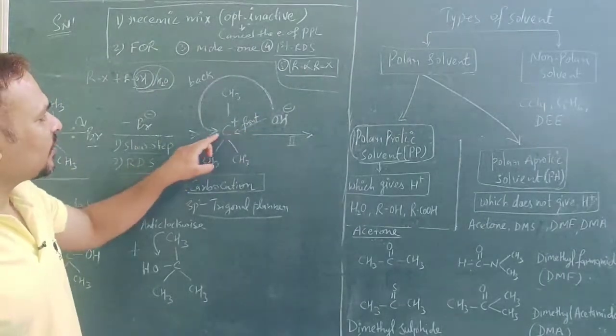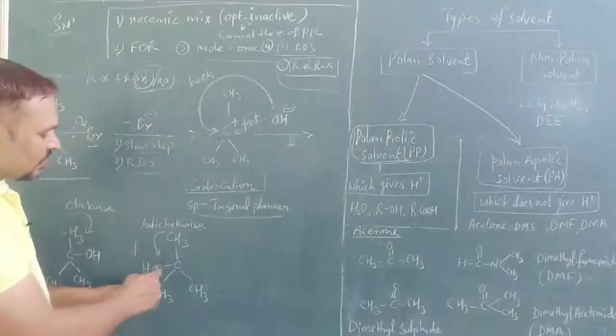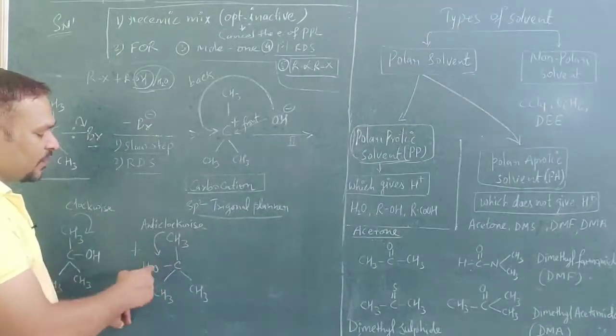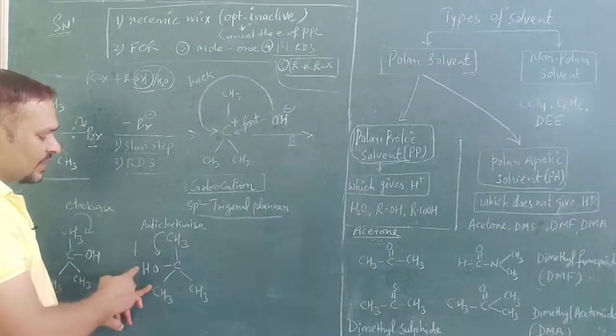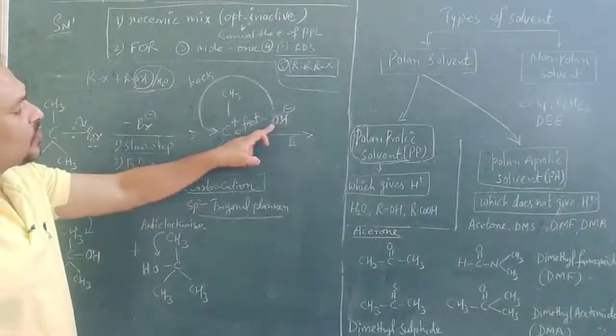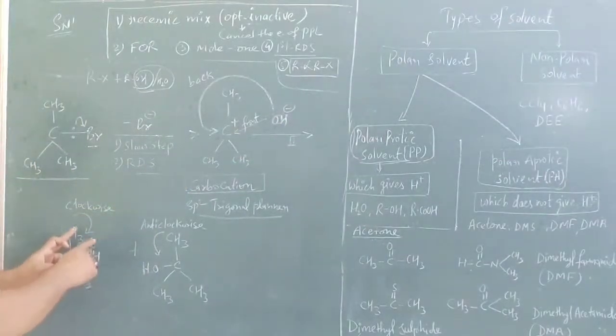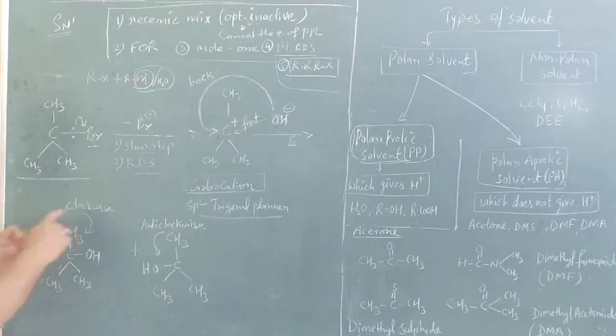If it attaches from the back side, you can see here, right? It will rotate the plane polarized light to the left, anti-clockwise, right? And if it is attached from the front side, then it will rotate the plane polarized light to the right side, clockwise.